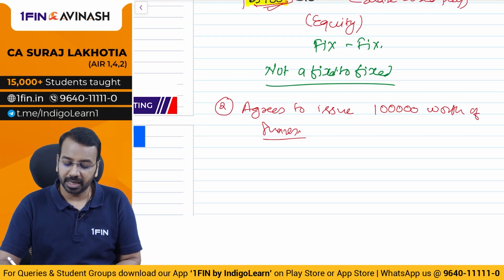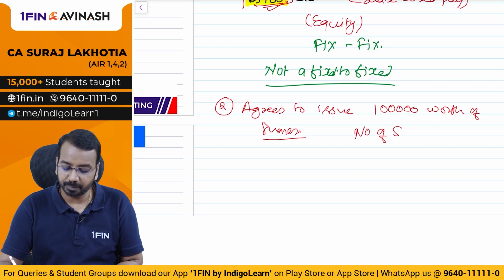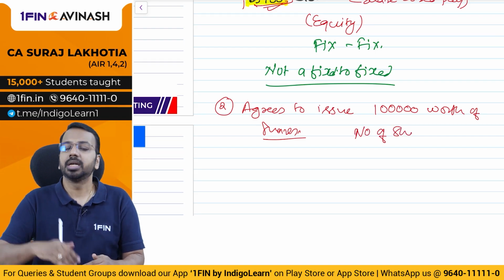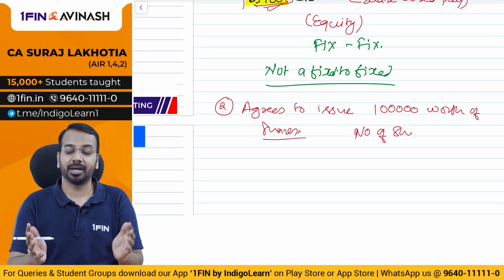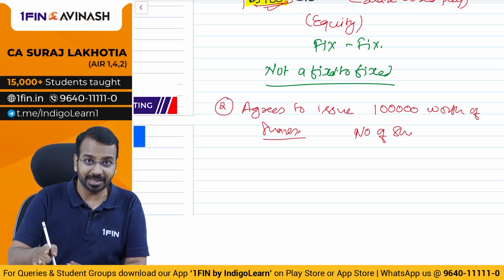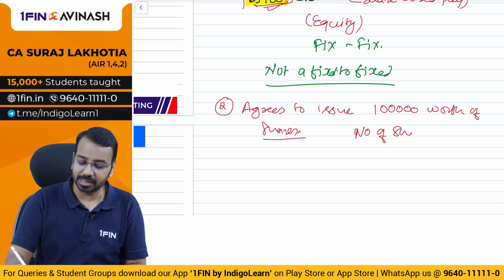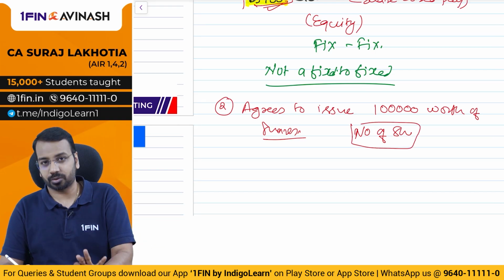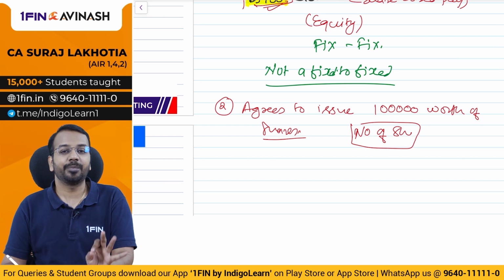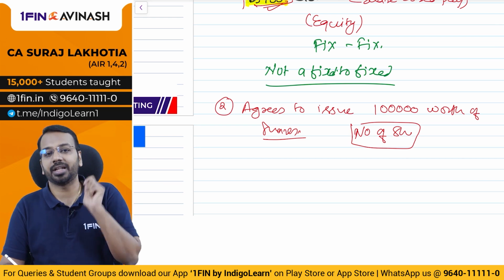Now tell me, is the number of shares fixed here? No, because subsequently if the price changes to 100, 150, 200, 50, whatever is the rate, depending on the share price, depending on the value of shares, the number of shares will change. So if it is not a fixed to fixed contract, then it can become a financial liability or financial asset.